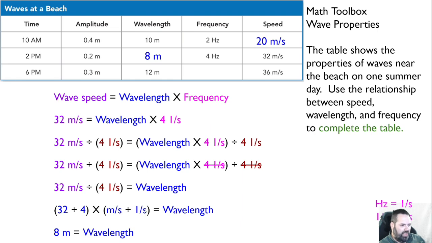So we're going to take the s that is on top and divide by s, and we're going to cancel the s's out. So we end up with meters, right? So we get 8 meters as our wavelength here. If you're having problems with that, pull me aside and I can work through the math on that.